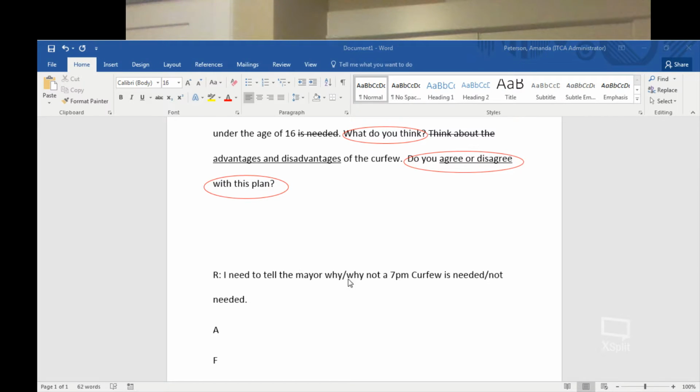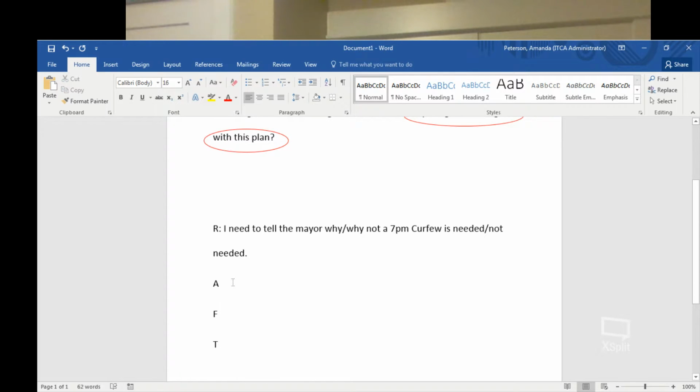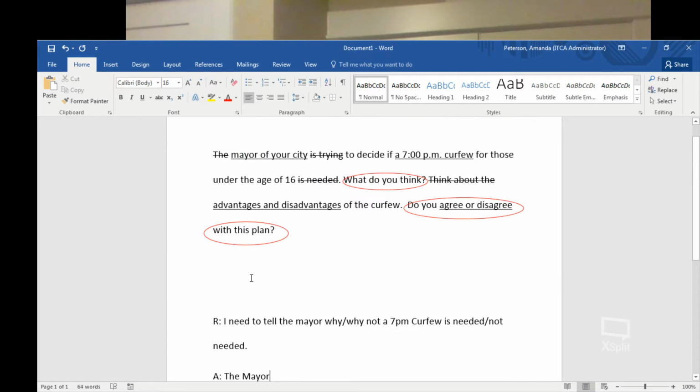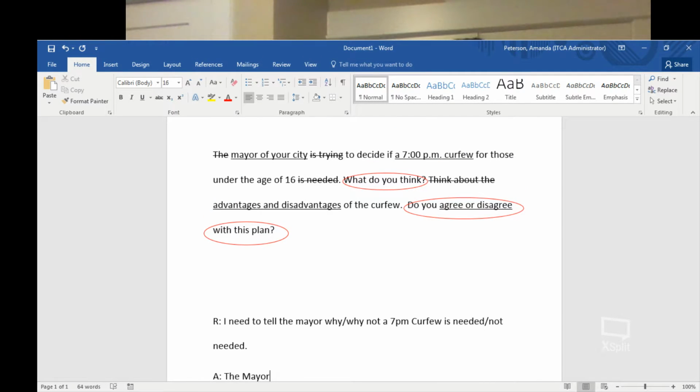Now, A, who is the audience? Normally it'd be the grader, but right here it tells you it's the mayor. So my audience is the mayor. Now, F stands for format. What type of essay am I going to write? Well, here are some keywords for you that would tell you why. What do you think?